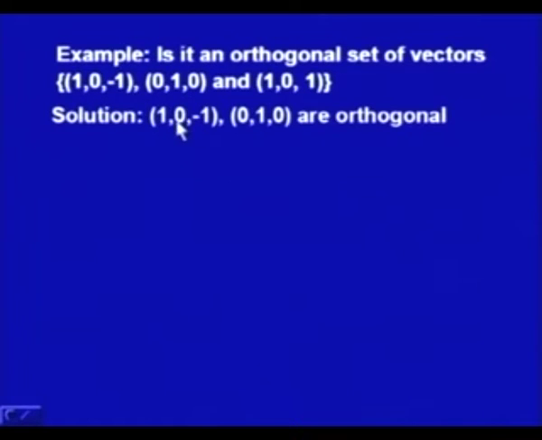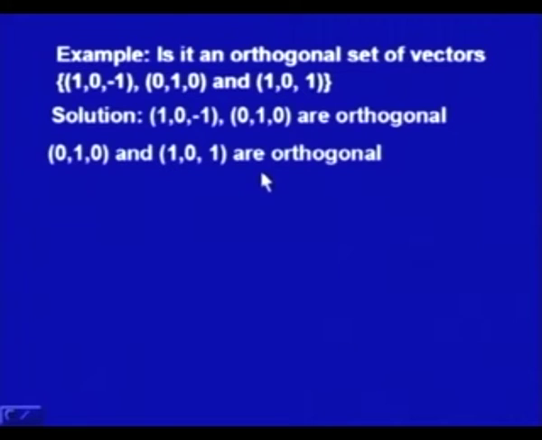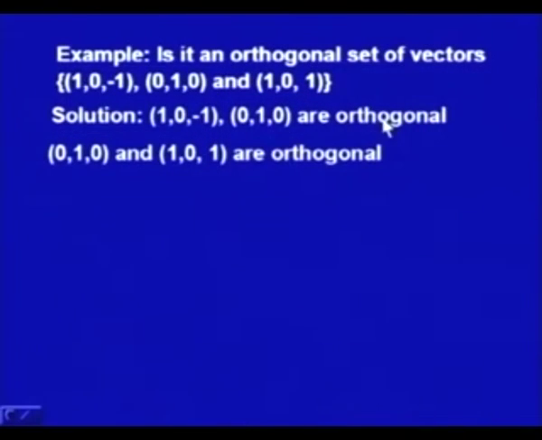So, let us consider (1, 0, -1) and (0, 1, 0). Let us form its inner product: 1 multiplied by 0, 0 multiplied by 1, minus 1 multiplied by 0. On the standard inner product, this is 0. If nothing is said, then we consider the standard inner product. So, we are considering the standard inner product, and this inner product is 0.